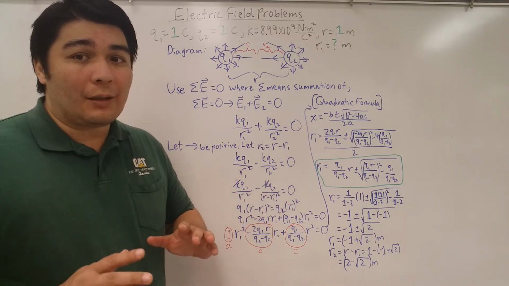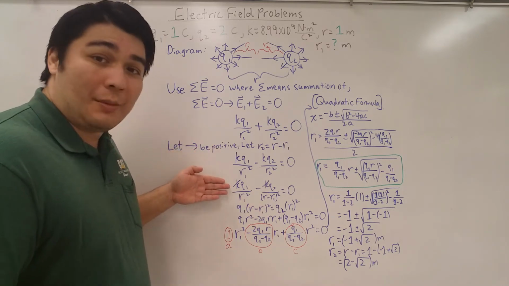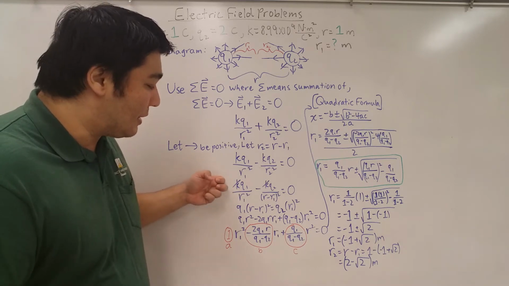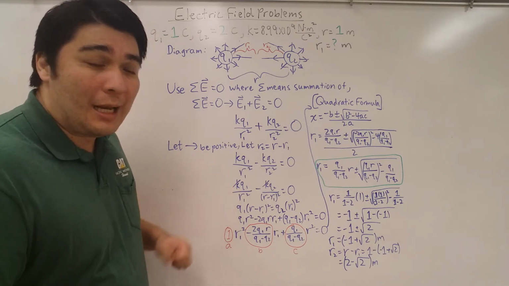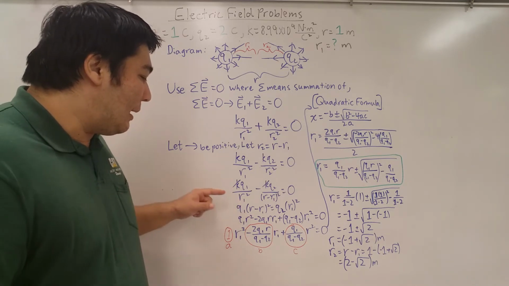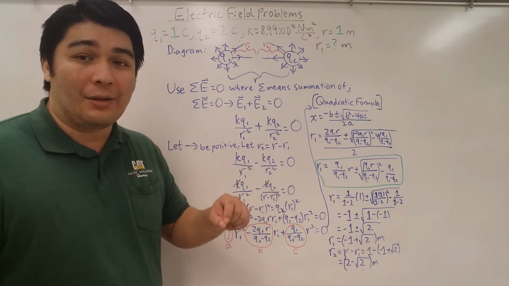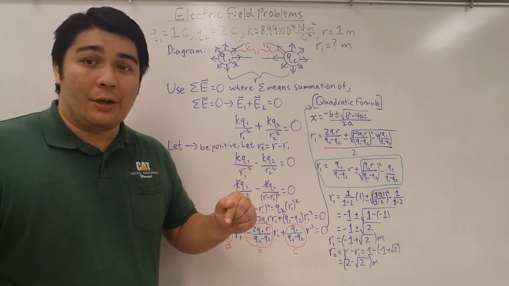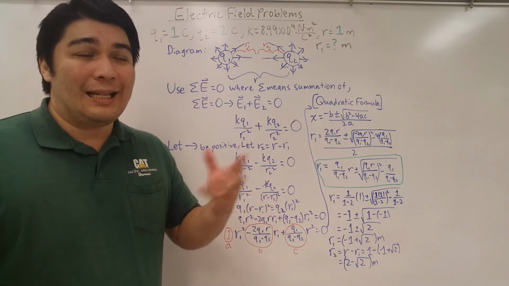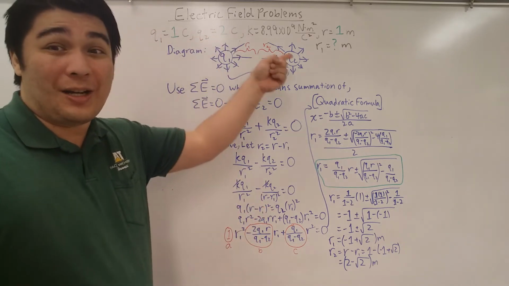So I did skip a couple of steps, so if you ever need to, pause the video and fill in these steps. Just to let you know, there are some math steps that go from here to here. So what I did from here was I distributed all the q1s, and then I tried to gather all of the R1 terms together, because if I can gather the R1 terms and solve, then I can at least get the answer that I need in order to answer this question.